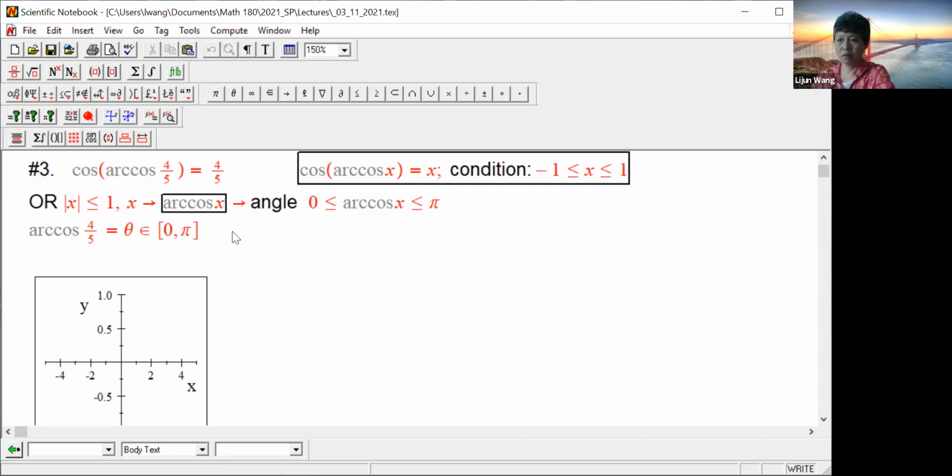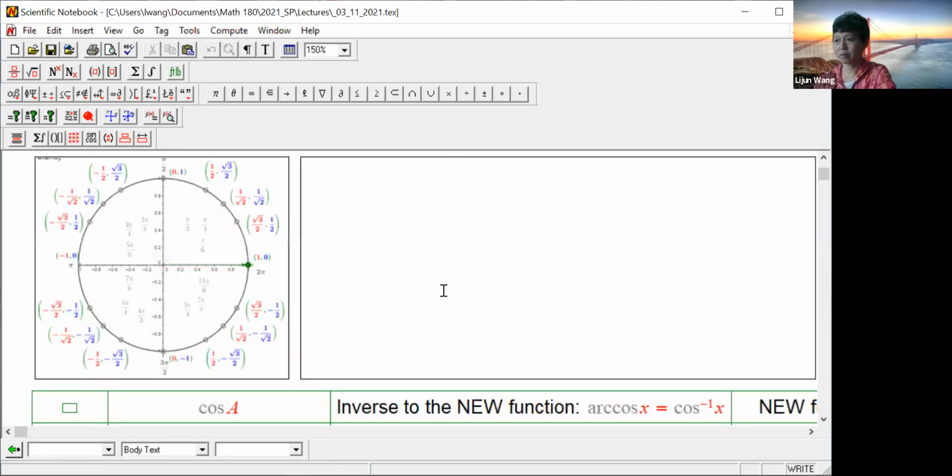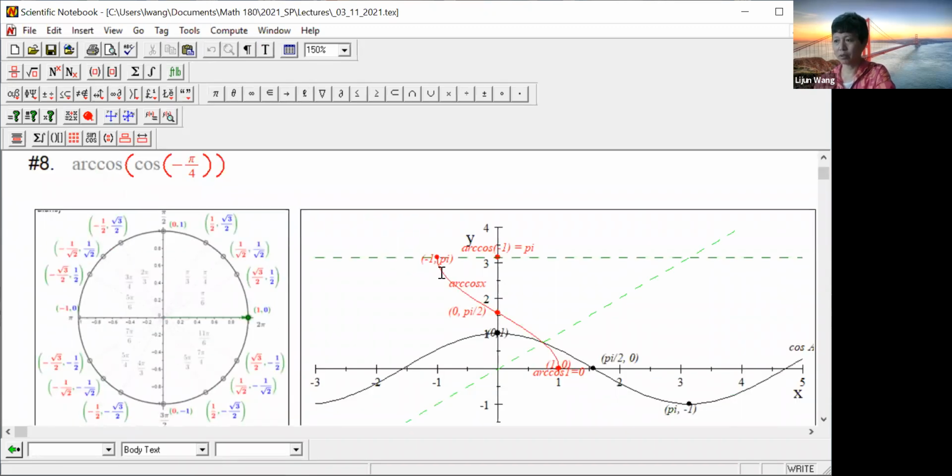And that picture tells us that the output is from 0 to pi, and the input is from -1 to +1. A picture tells 1,000 words.